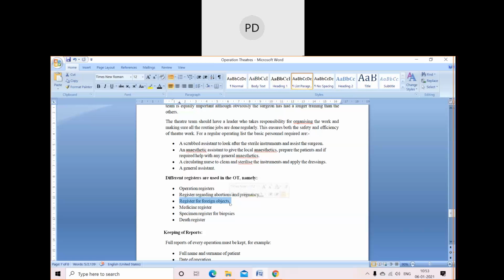Dipanjali, can you tell me what is there in the medicine register in OT? Can you tell me? Ma'am, she is not there.